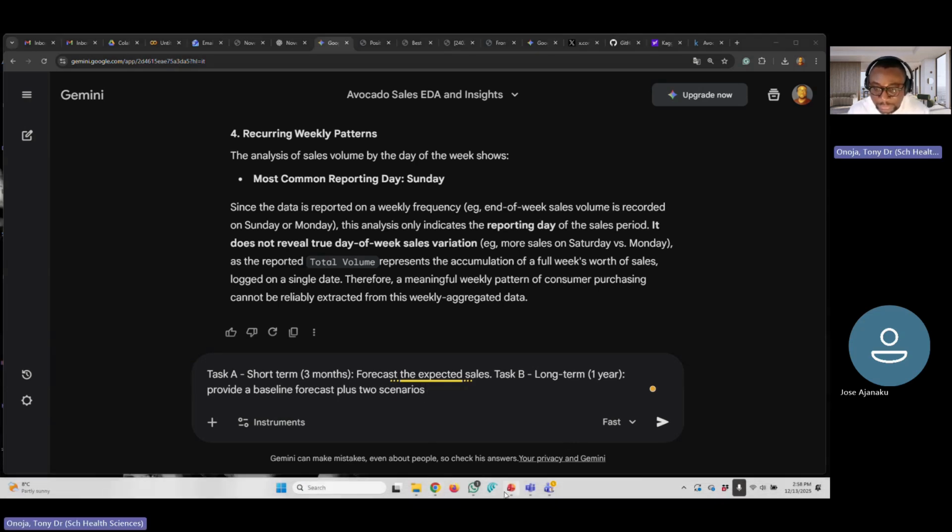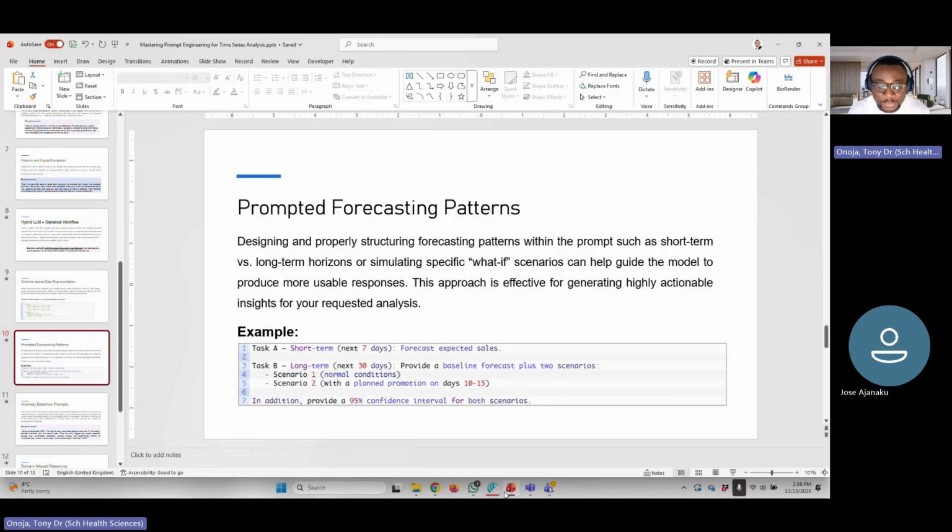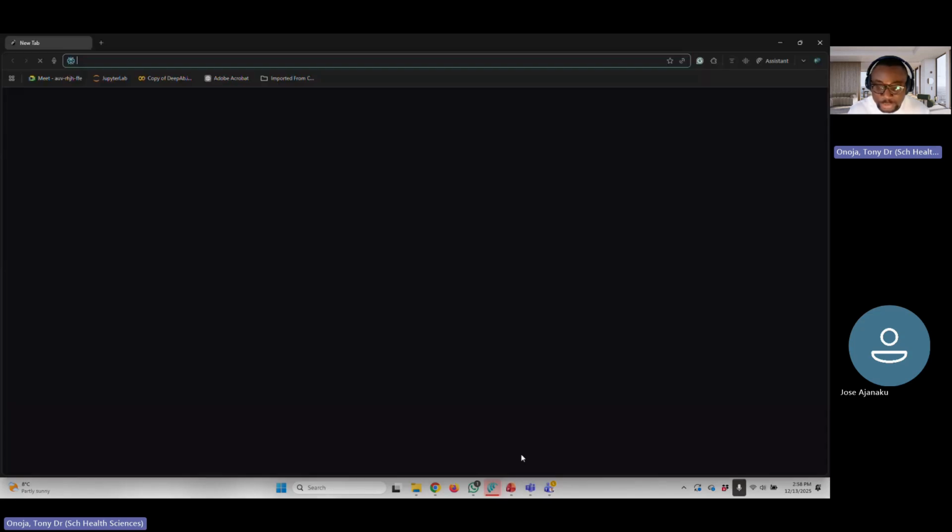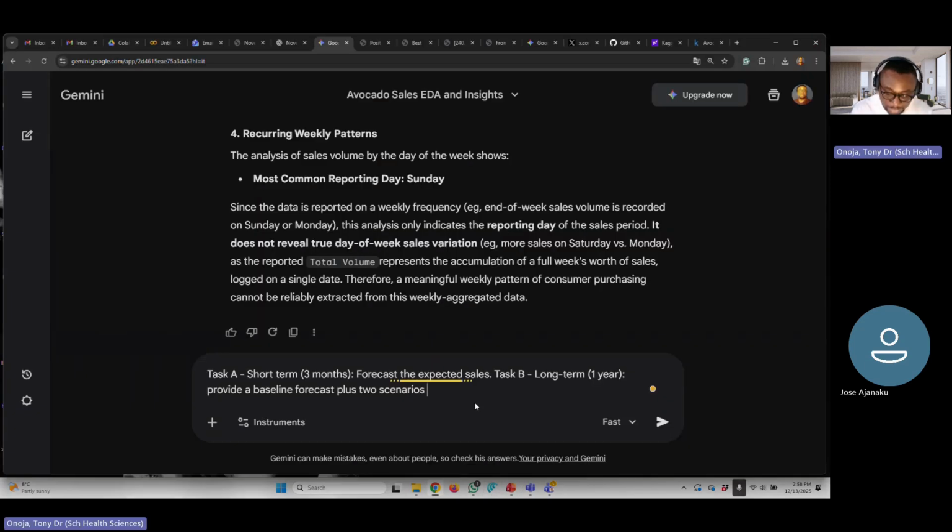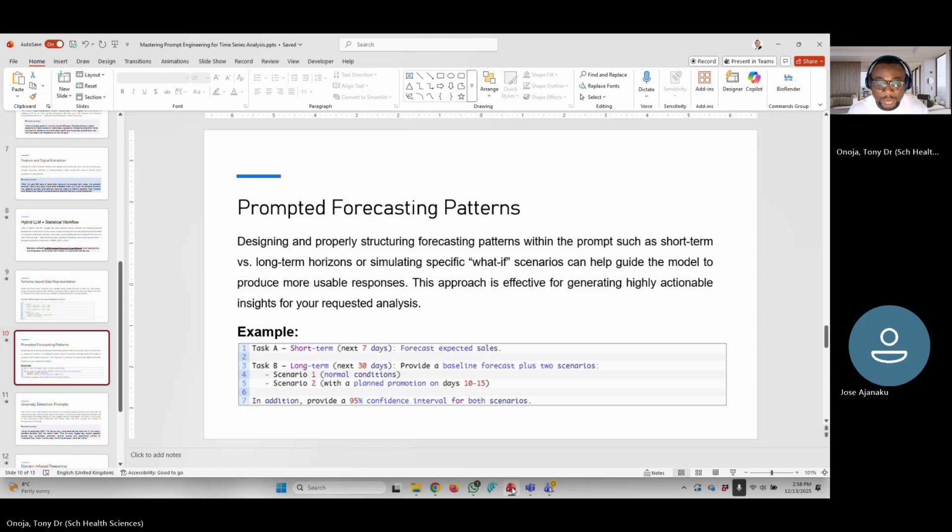And what are those scenarios? Scenario 1, normal condition. Sorry. And then scenario 2 with a planned disruption.